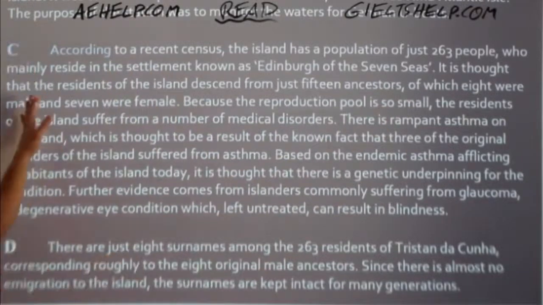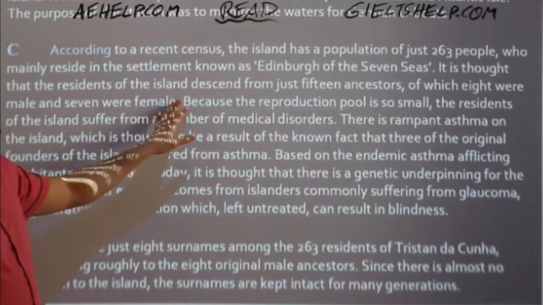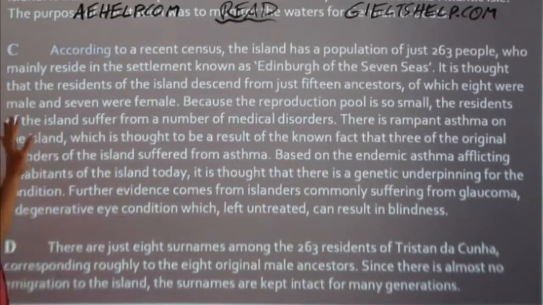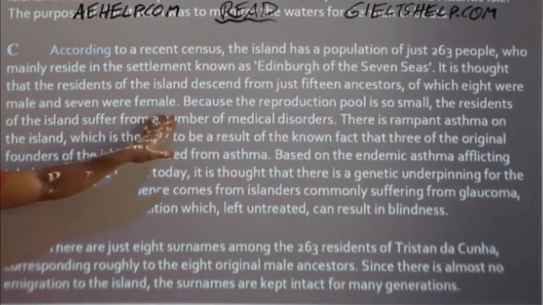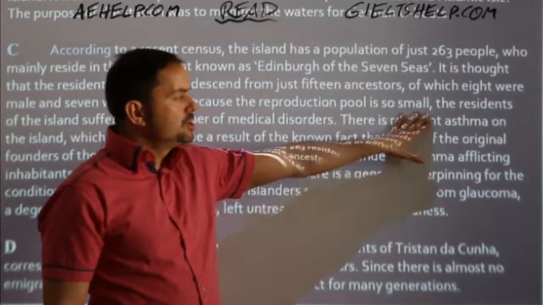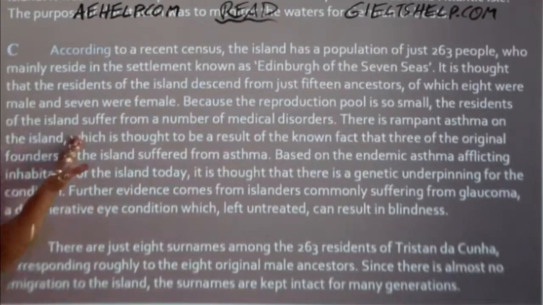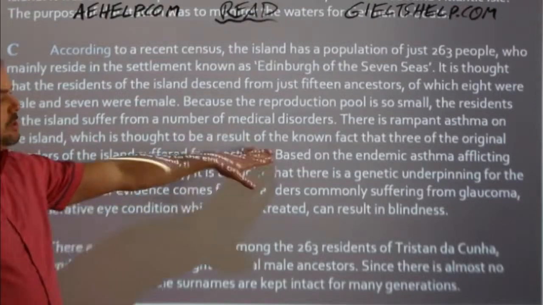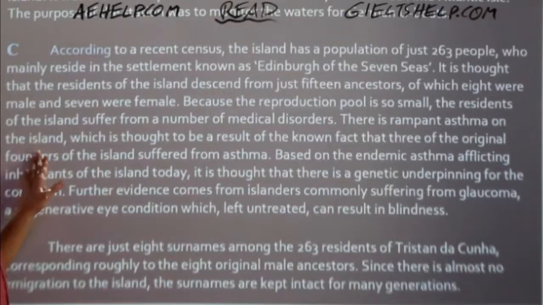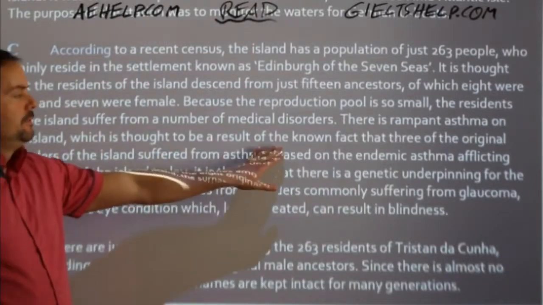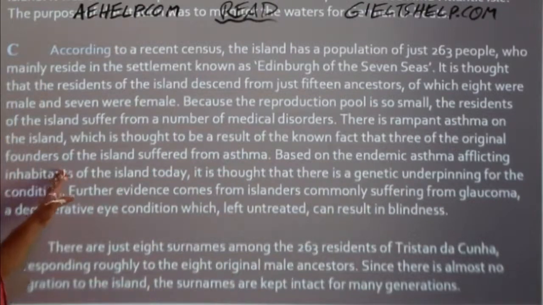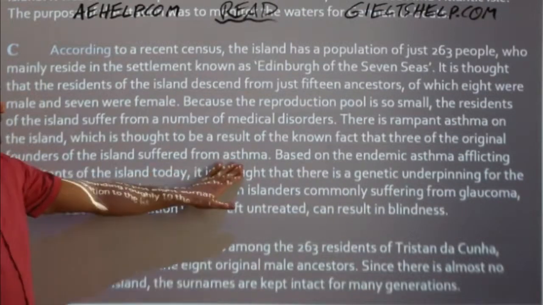It is thought that the residents of the island descend from just 15 ancestors, of which 8 were male and 7 were female. Because the reproduction pool is so small, the residents of the island suffer from a number of medical disorders. There is rampant asthma on the island, which is thought to be a result of the known fact that 3 of the original founders of the island suffered from asthma.